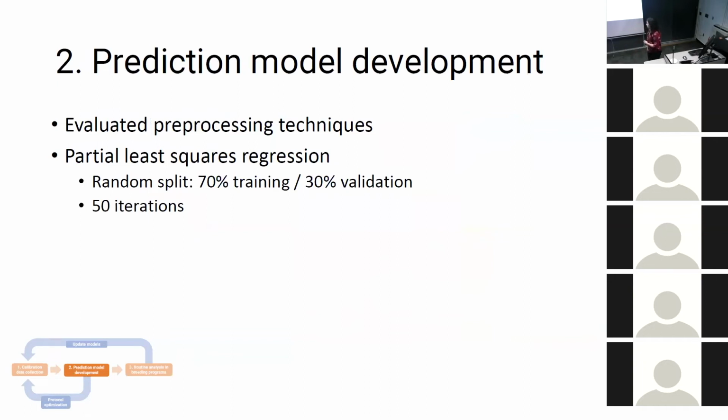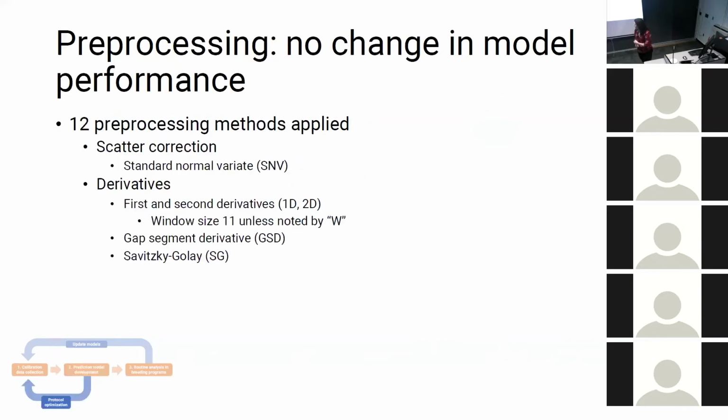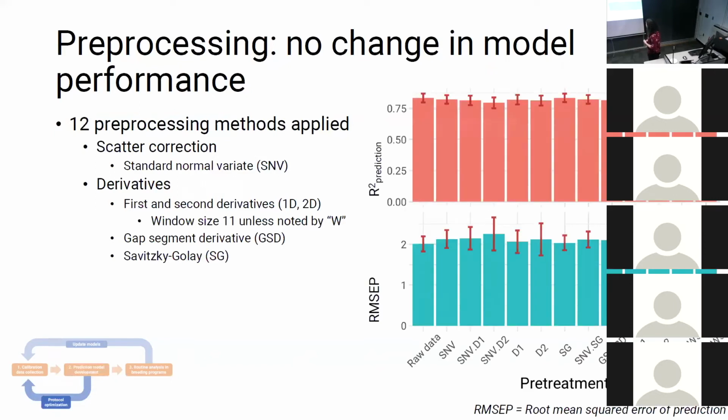And so then I looked specifically at the different pre-processing techniques and their effect on the models themselves. So I looked at 12 different techniques, including scatter correction and derivatives, and compared them with the raw data values. This graph shows from left to right on the x-axis different pre-processing techniques with raw data on the far left.